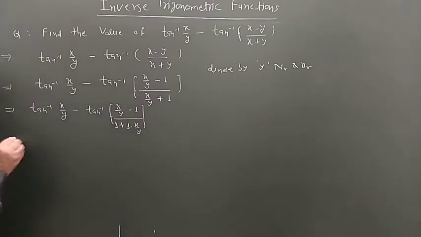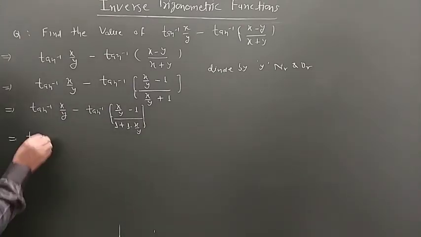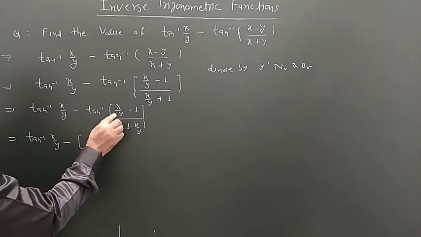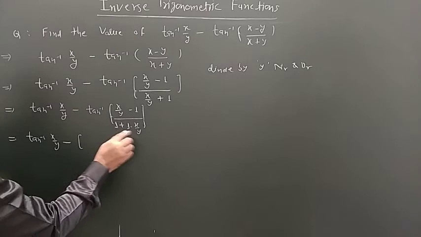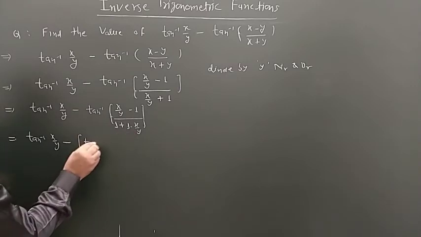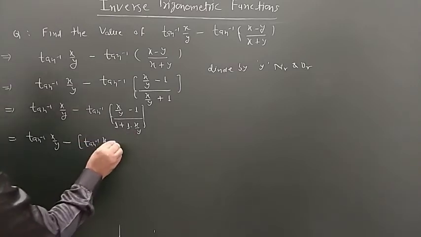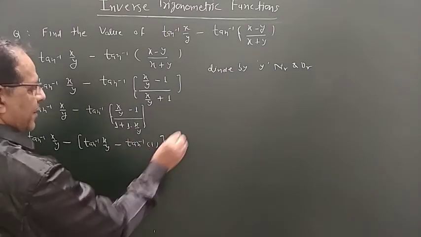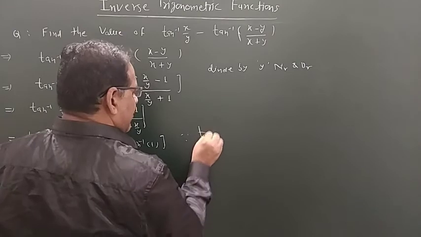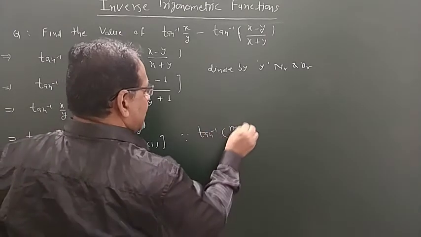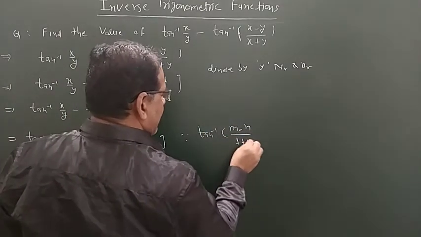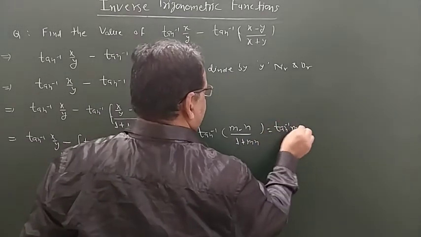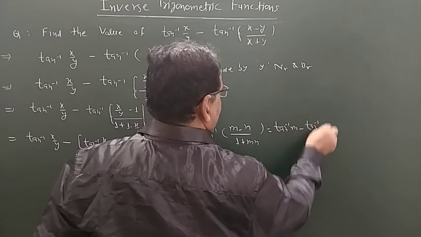So now next step, tan inverse x upon y minus, this is tan inverse (a minus b) upon (1 plus ab), so tan inverse a minus tan inverse b. Here we use the identity tan inverse (m minus n) upon (1 plus mn) equal to tan inverse m minus tan inverse n.